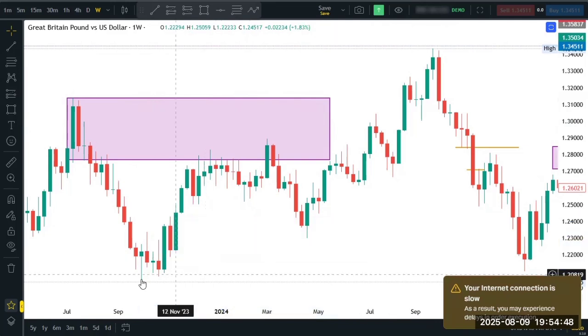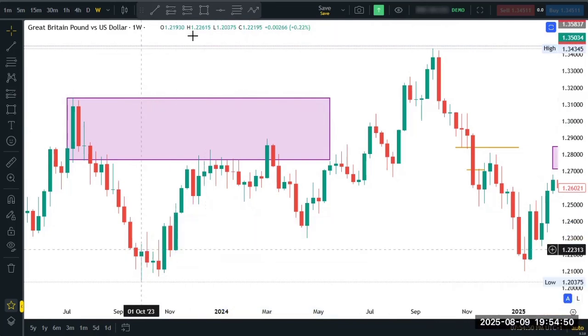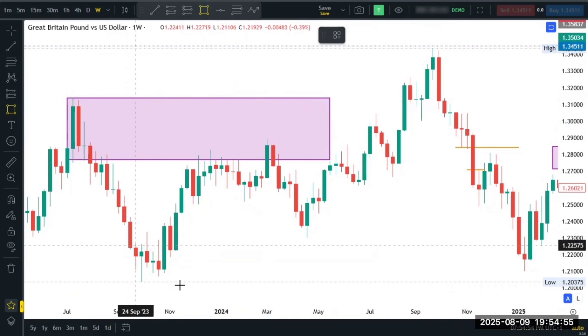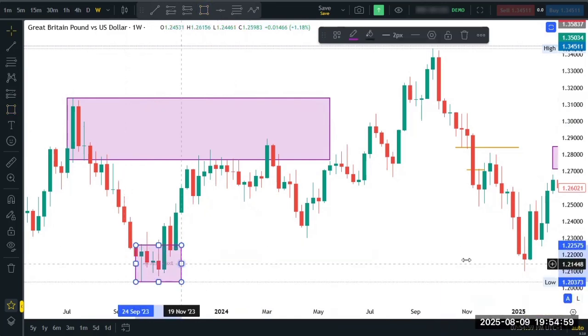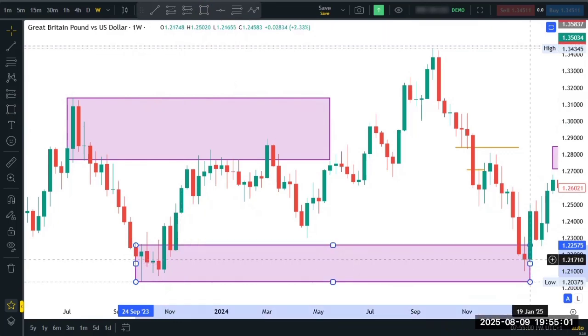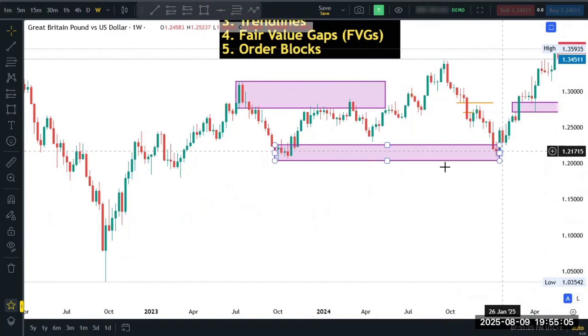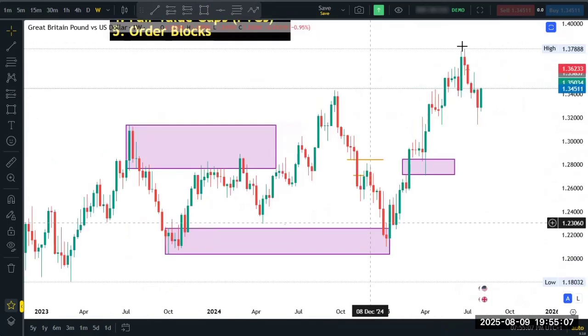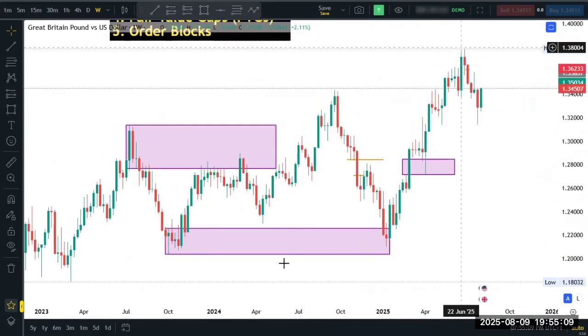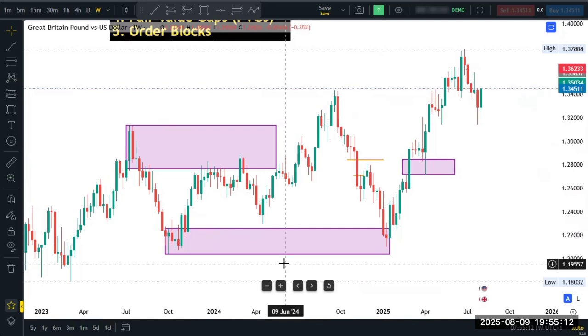So this is the last candle with a wick. Some could take that as their order blocks, this doji that you are seeing here. So they could take that as their order block. And anytime the price enters into it, you can see how it pushed price upwards again. That is the power of order blocks. It is also a significant point of interest.